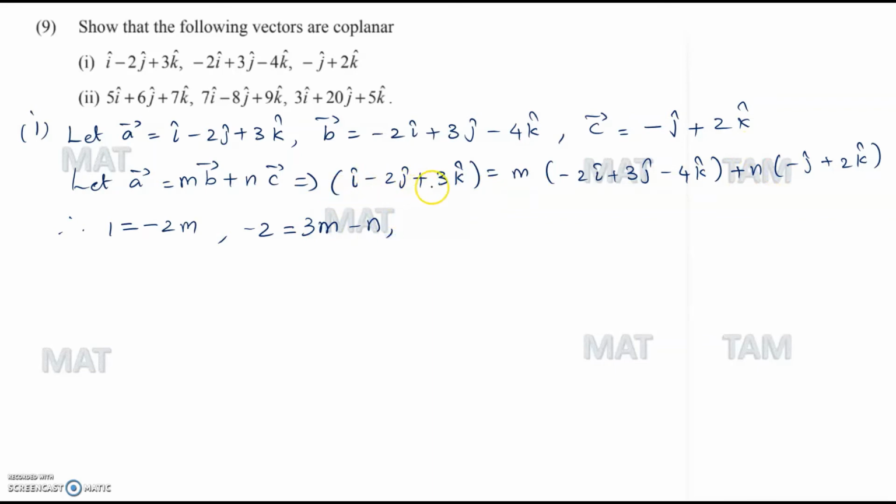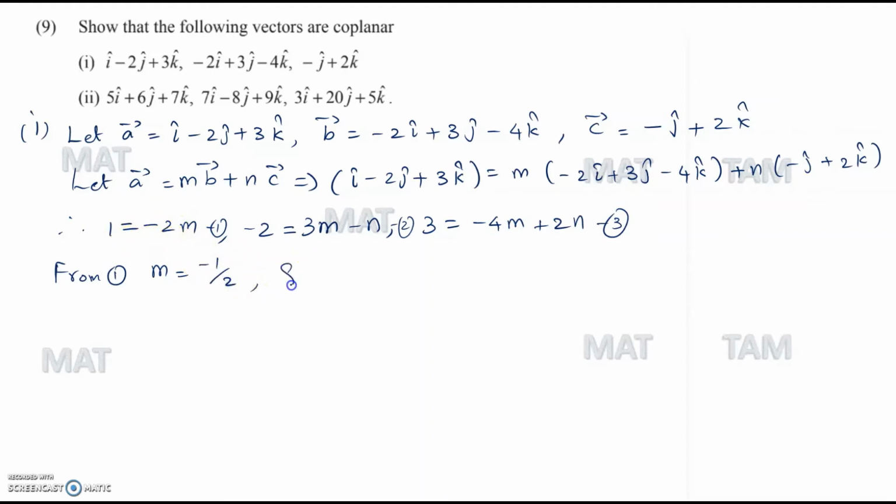And the third equation is 3 equals minus 4m plus 2n. Let's call these equations 1, 2, and 3. From 1, m is equal to minus 1 by 2.